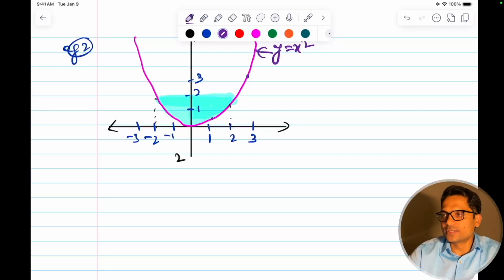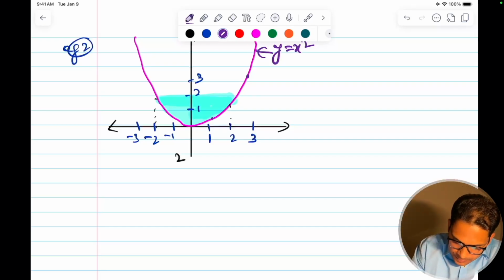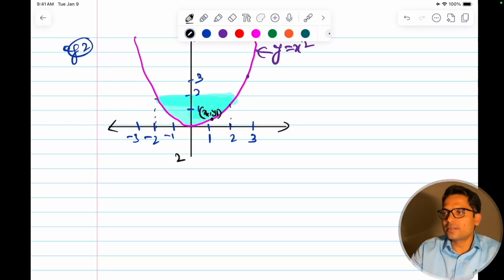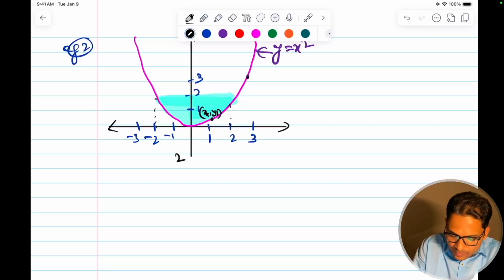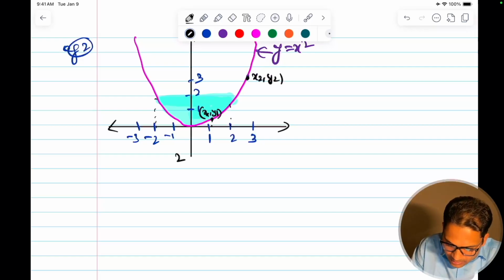Say this is your x1 comma y1, this point is x1 y1, and this is your x2 comma y2.